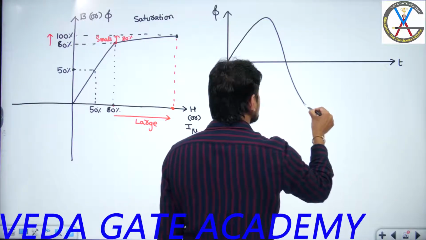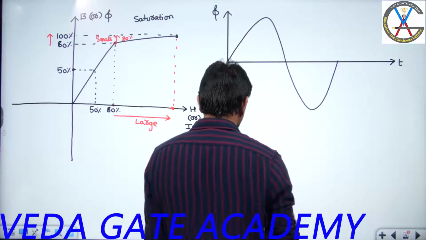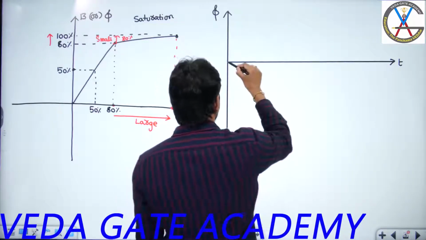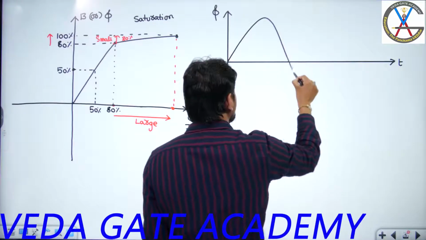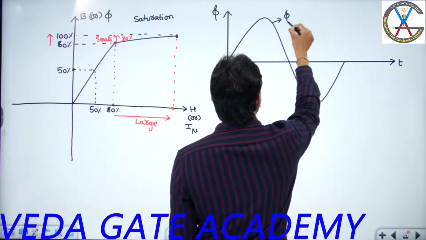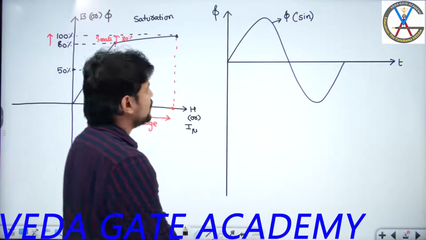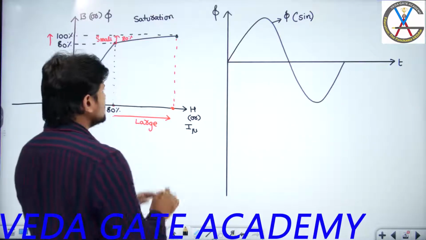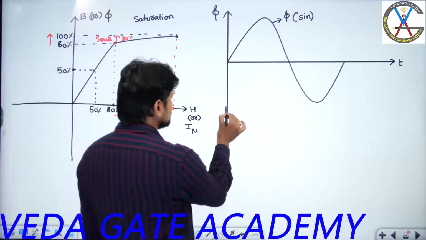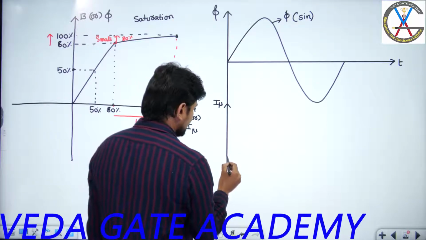So please accept that whatever shape I am drawing here is a sinusoidal flux. Even though I am not very perfect in drawing diagrams, please bear with me. So let us assume this is a pure sinusoidal flux. Now in order to produce this pure sinusoidal flux, what is the shape of the magnetizing current that is required? Let me try to draw the magnetizing current here.